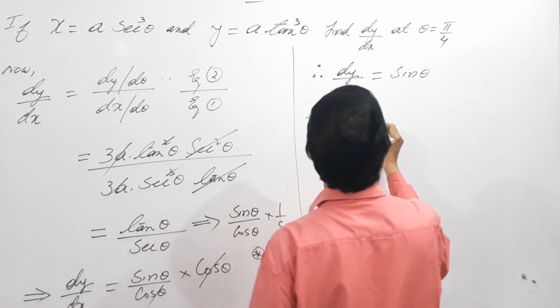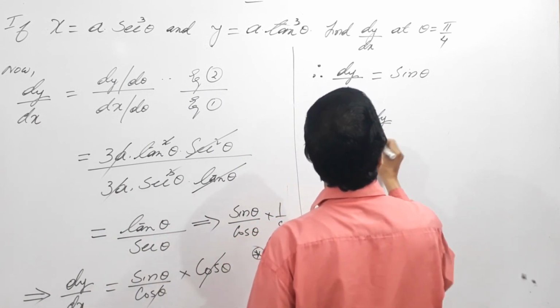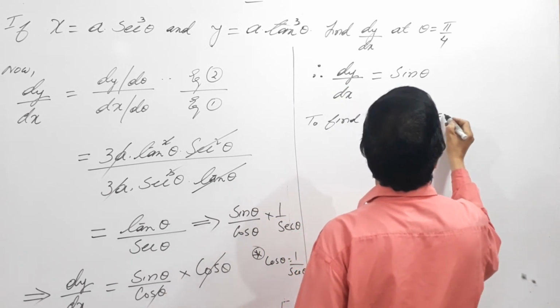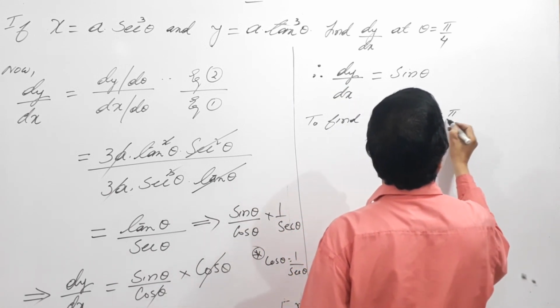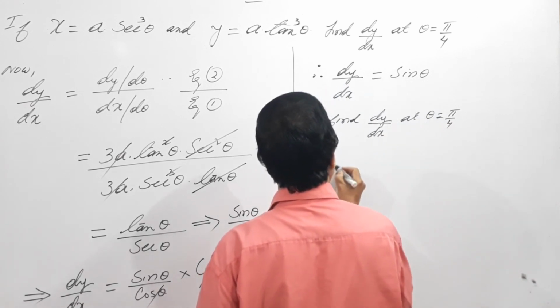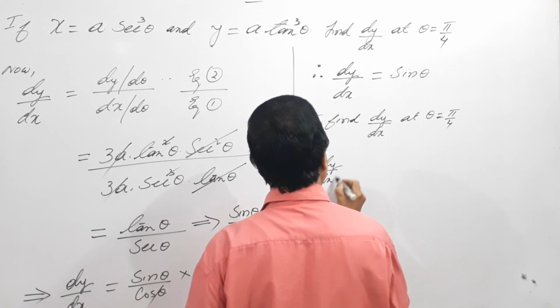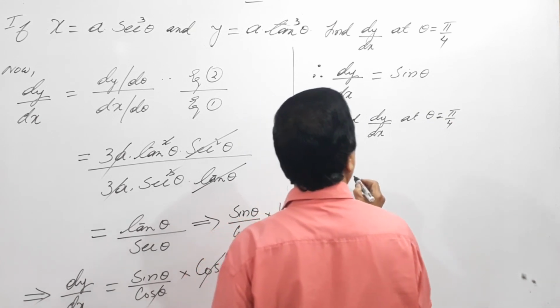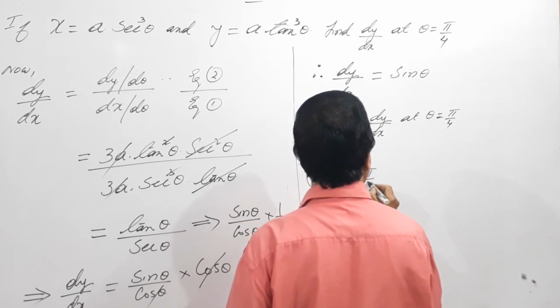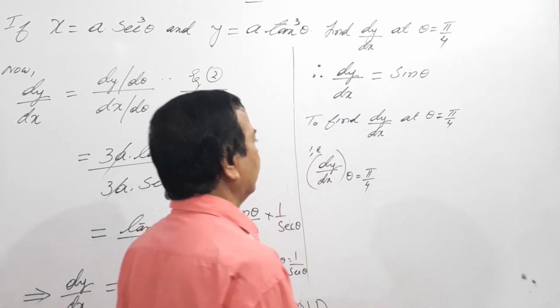To find dy by dx at theta equals pi by 4, what is this?